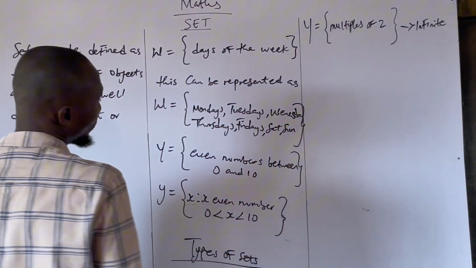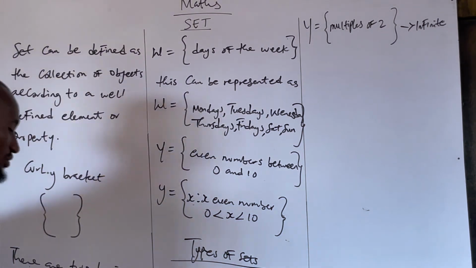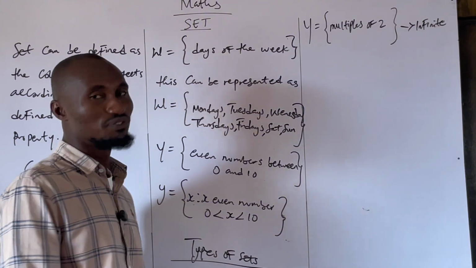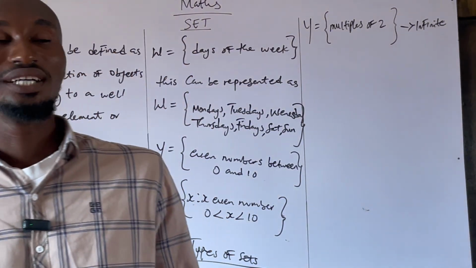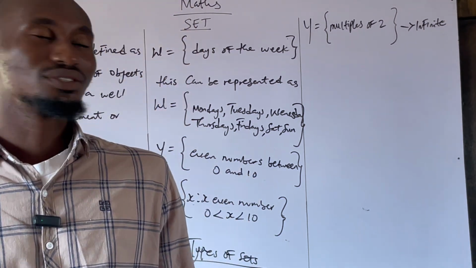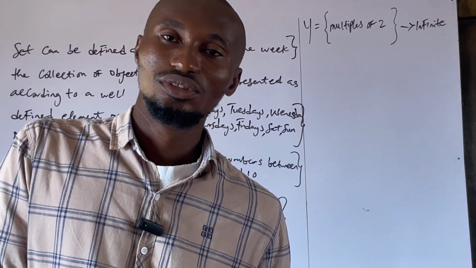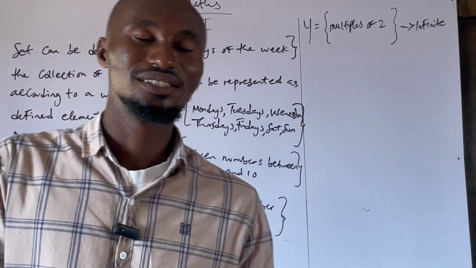Don't forget that I told you that finite has to do with something definite. What do I mean by definite? Days of the week. We all know that in the week, the days run from Sunday to what? Sunday to Saturday. That means Saturday is the last day of the week, right?